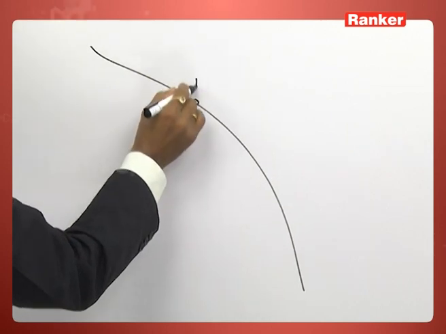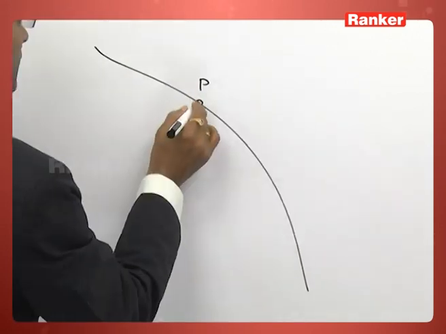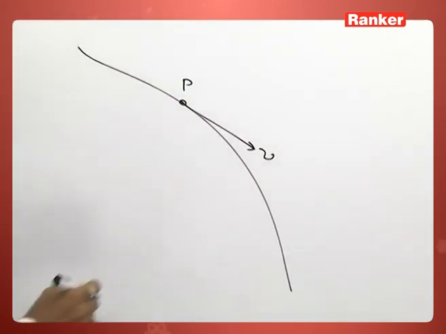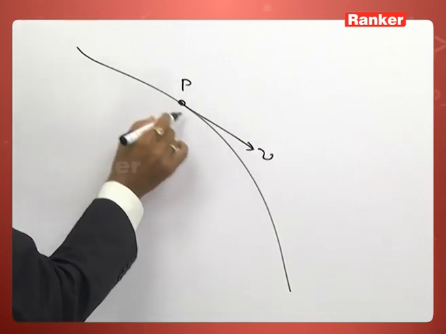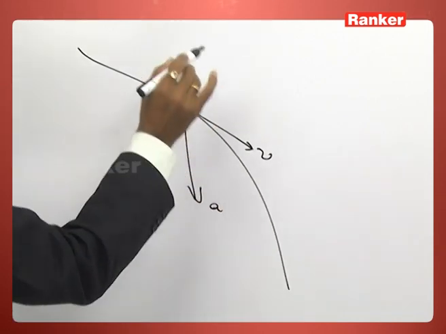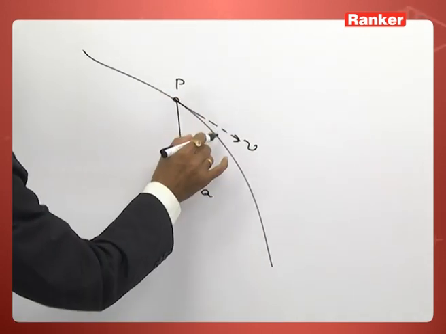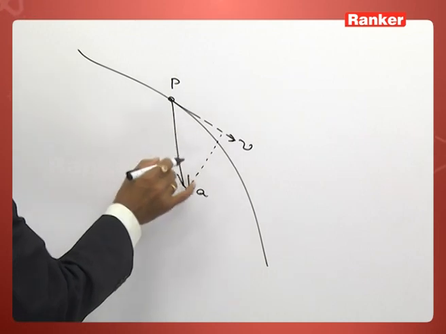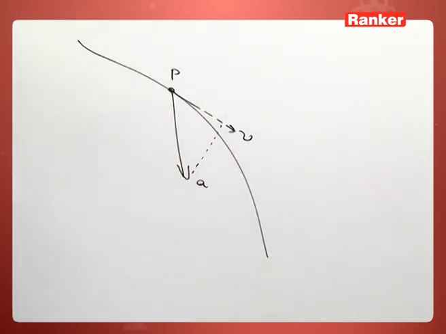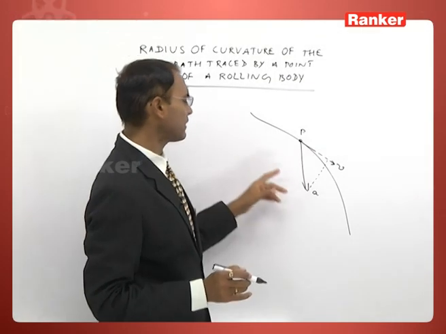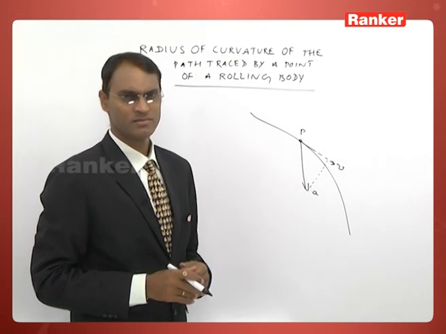The particle is here, particle P, moves with velocity v, suppose. It has the acceleration a. This is the velocity, this is the acceleration. You take the component of the velocity along the acceleration, or you may take the component of acceleration along the velocity.